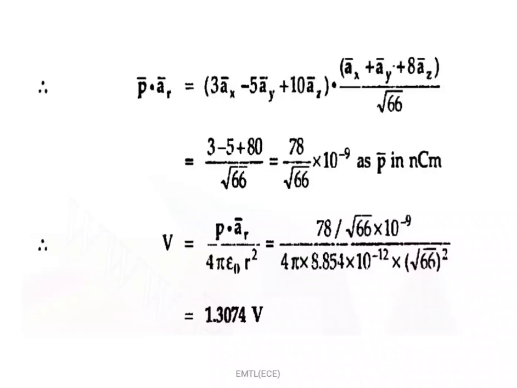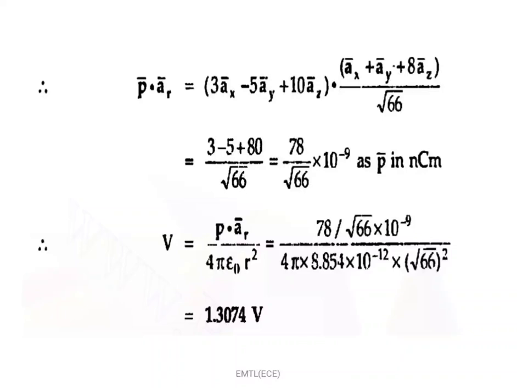So by the dot product, ax dot ax value is 1, ay dot ay value is 1, az dot az value is 1, and the remaining dot products, that is ax dot ay, ax dot az, similarly ay dot ax, ay dot az, all become 0. So the dot product between these two vectors is 3 into 1, 3, minus 5 into 1, 5, plus 10 into 8, 80, and as usual, in the denominator square root of 66.